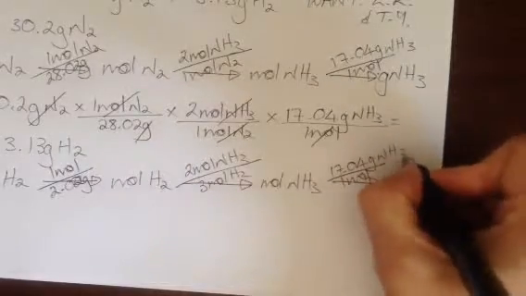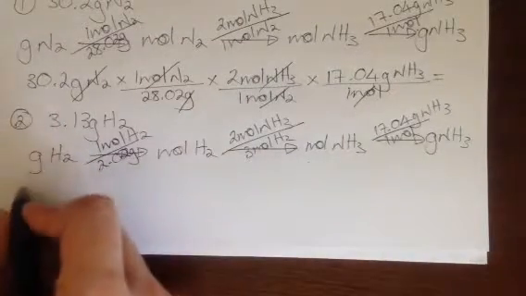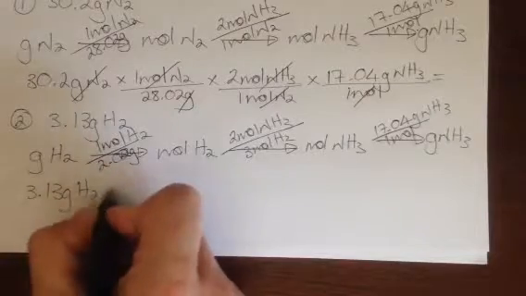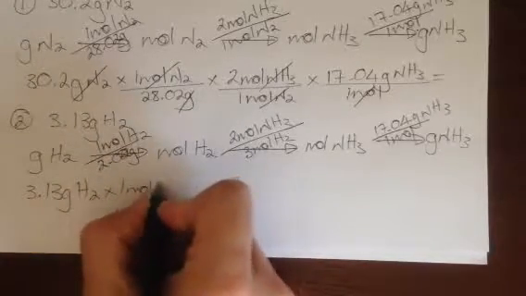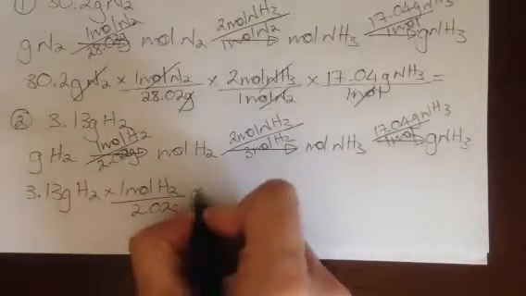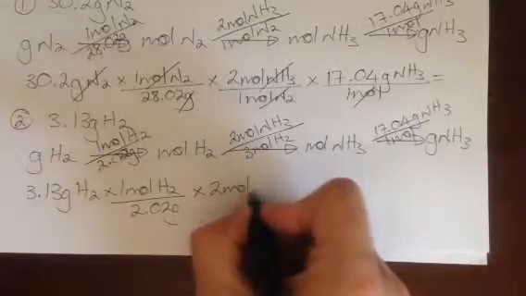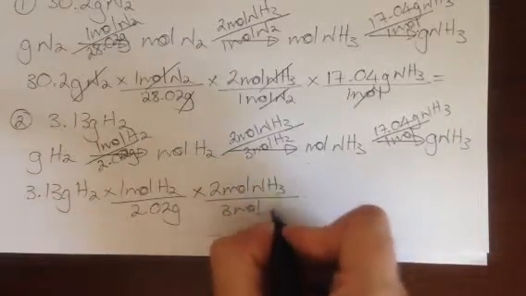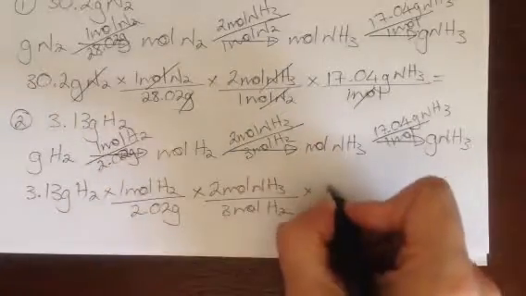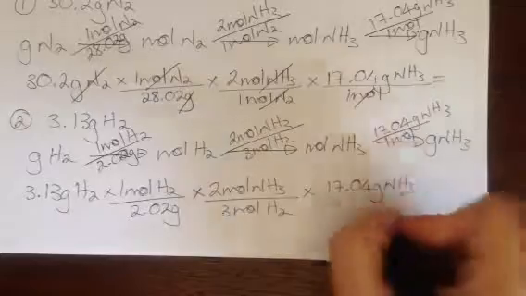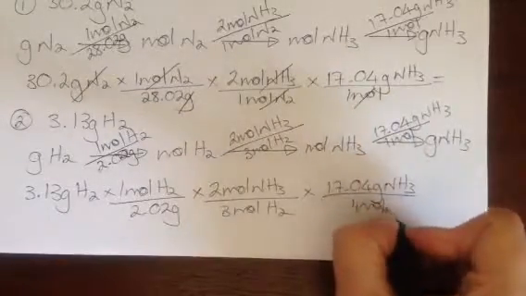Okay, so now we can plug in our next number. So we get 3.13 grams of hydrogen, convert it to moles, convert moles of hydrogen to moles of ammonia, and then grams of ammonia using the molar mass.